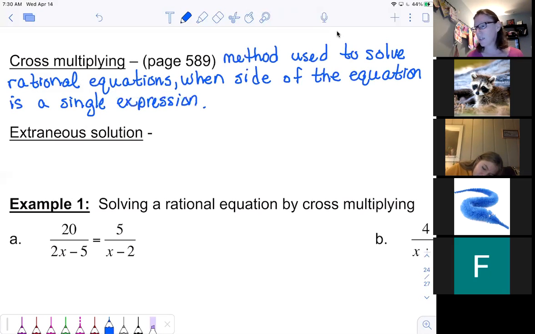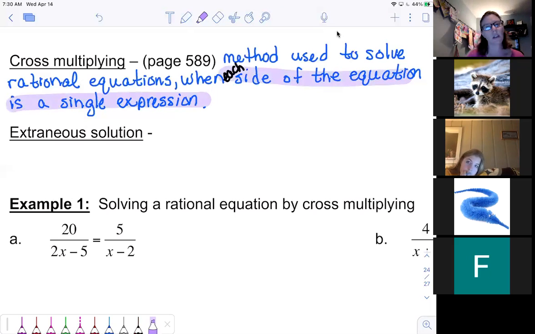So that's the condition. Oops, and I missed the word each. Let's squeeze that in here. That's important. Each side of the equation is a single expression.